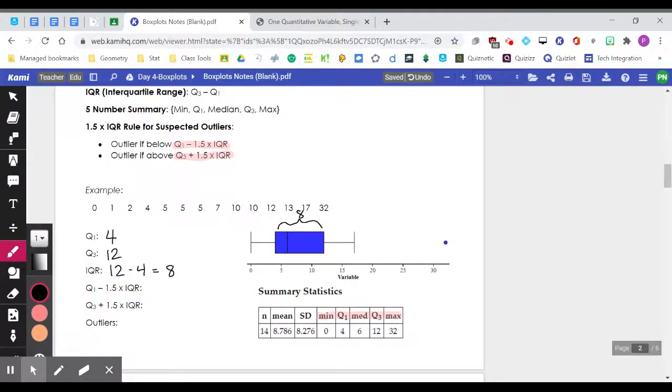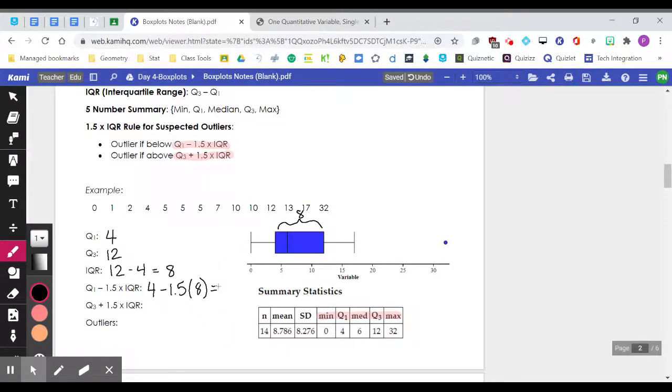And now I want to do my outlier test, and I want to see, is there going to be anything that is going to be an outlier? And based off my graph, it already told me that there is an outlier. It should be this number here, which in this case is going to be 32. But we're going to test that out to see if the website was correct. So we're going to do Q1, which was 4, minus 1.5 times the IQR, which was 8.